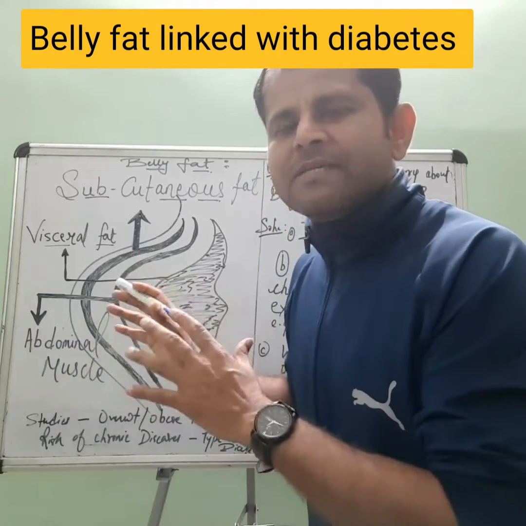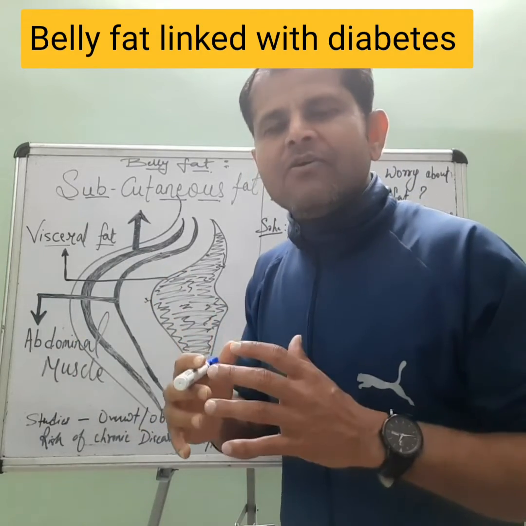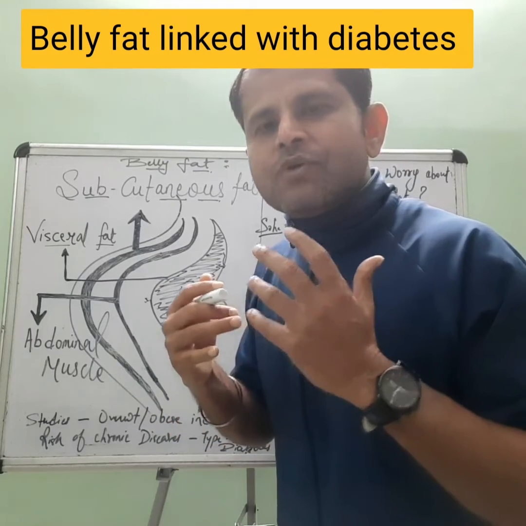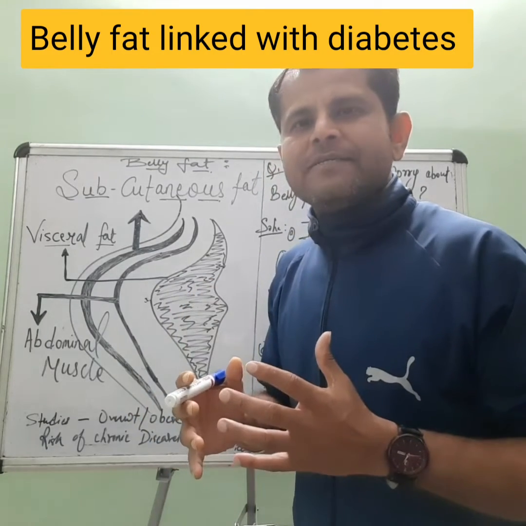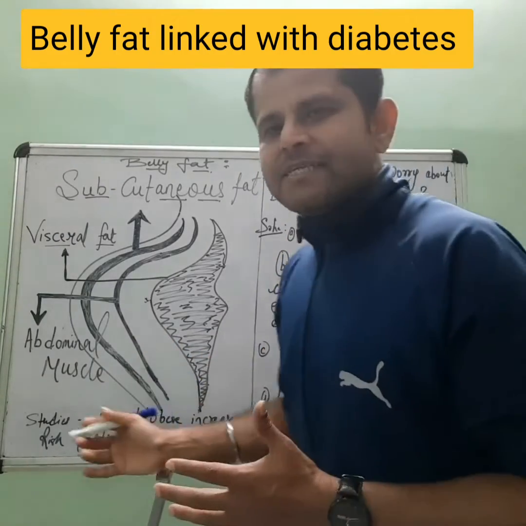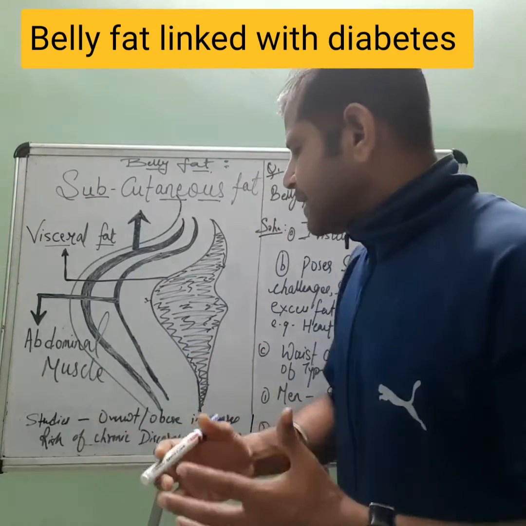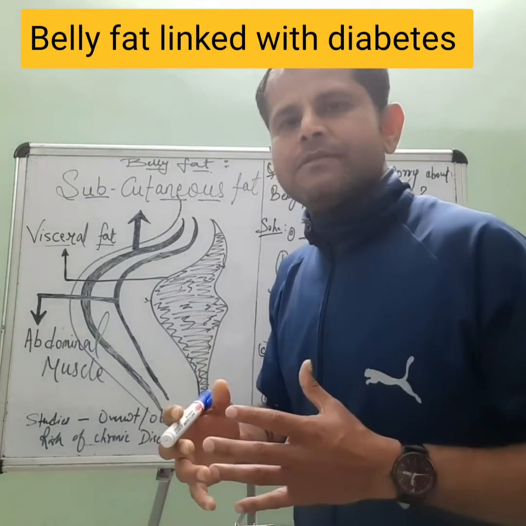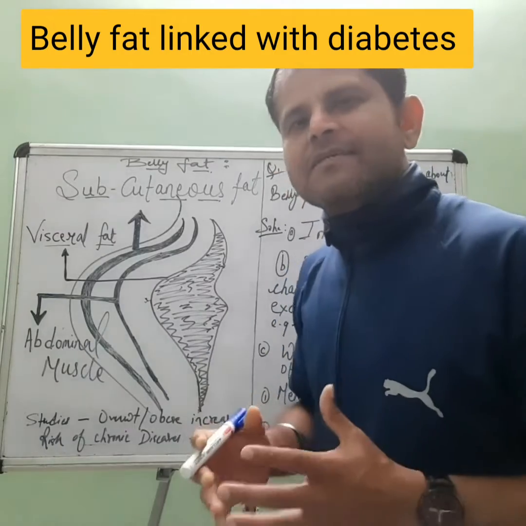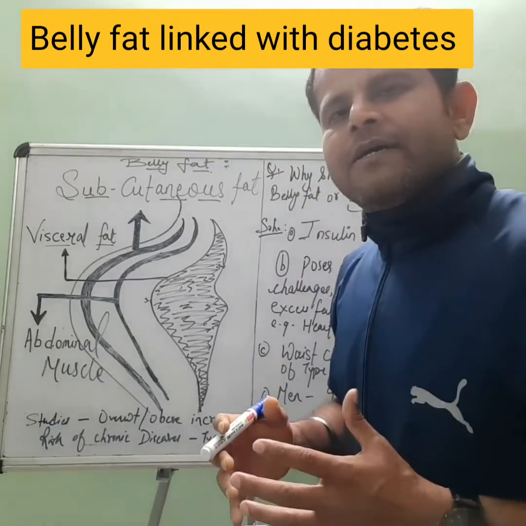Now, how is this visceral fat dangerous for our body and for the diabetes part? So let us understand one thing. The question arises: studies have shown that overweight and obese persons have an increased risk of a chronic disease called diabetes.